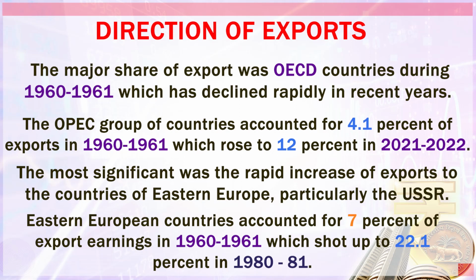And export to the OPEC group also increased, and during 2021-22, its percentage was 12%. The most significant was the rapid increase of India's export to the Eastern European countries. During the 1960s, the percentage was 7%, which increased to almost 22% in 1980-81.